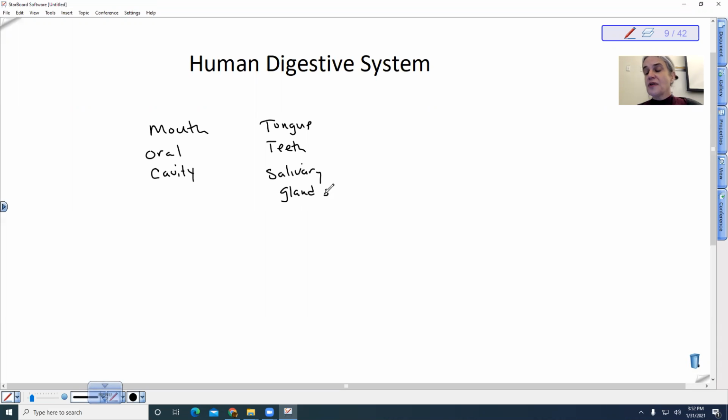From the mouth, our swallowed food goes to the pharynx. When we swallow, we swallow our food as a bolus. The reason we don't want to inhale our food is that we want the trachea to close off.